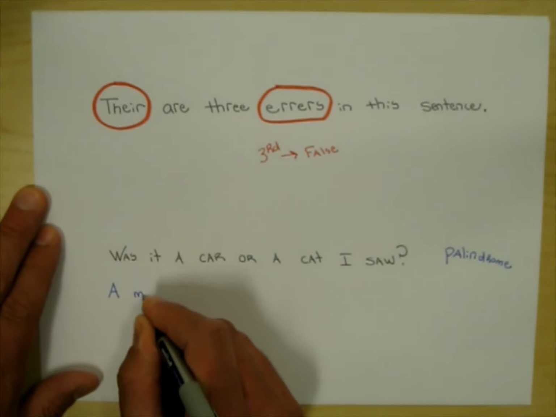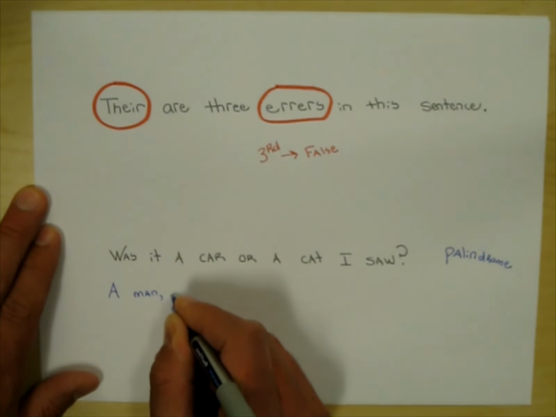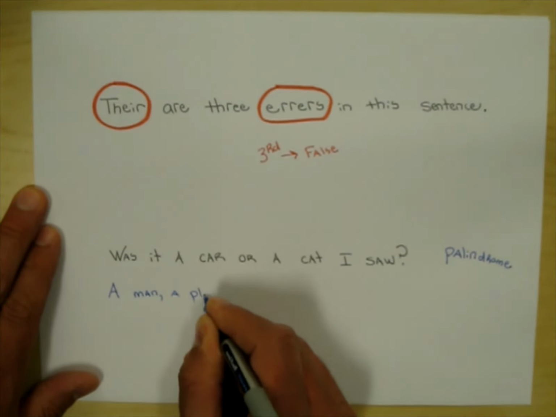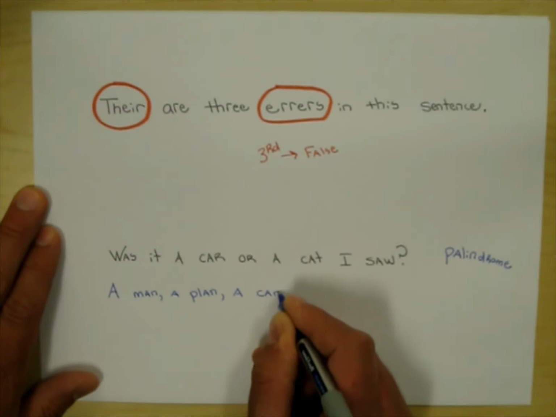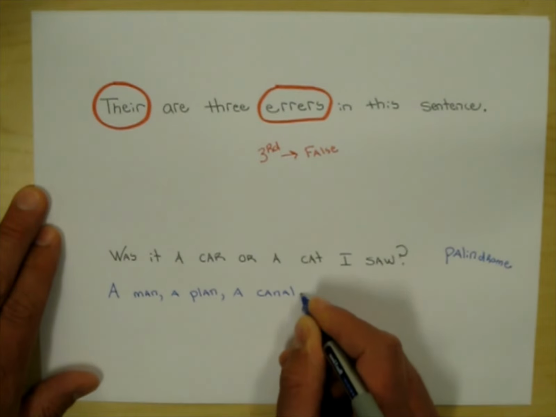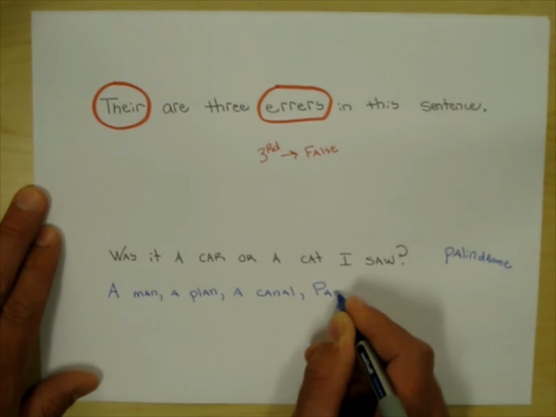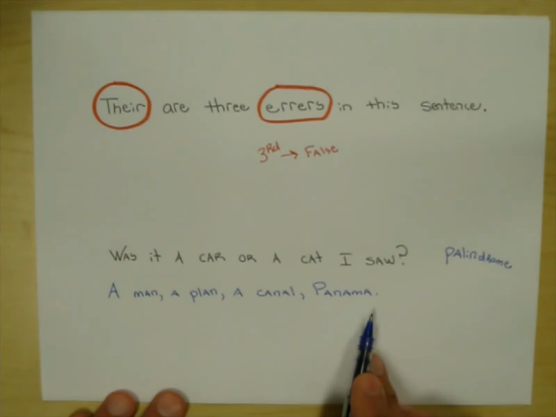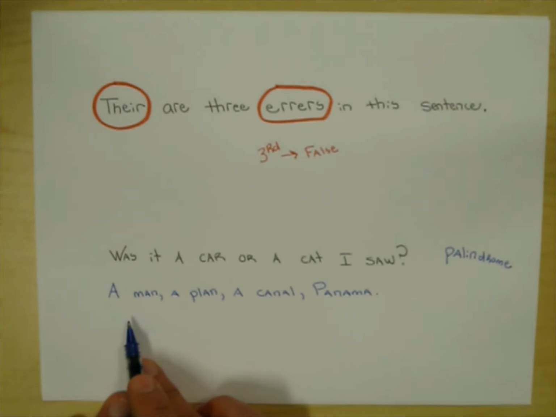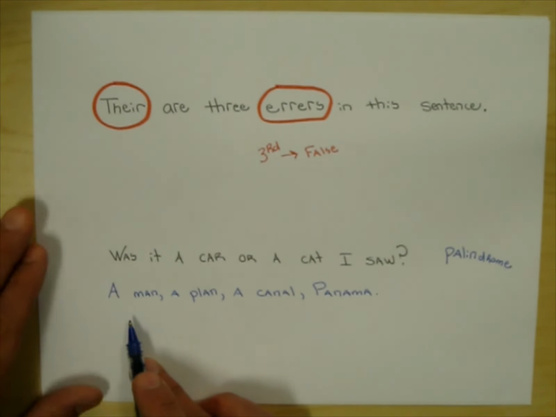A man, a plan, a canal, Panama. Now that's a good one, because you could read it backwards and it says the same thing. There's other ones that we could put on the list like Bob and race car, but those aren't as exciting.